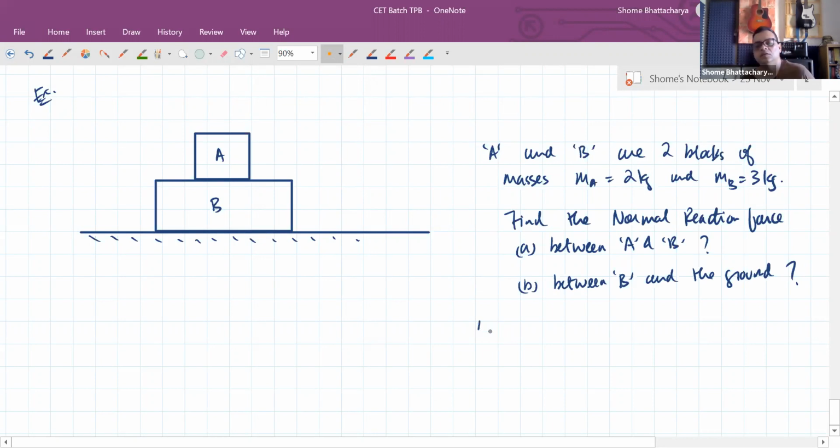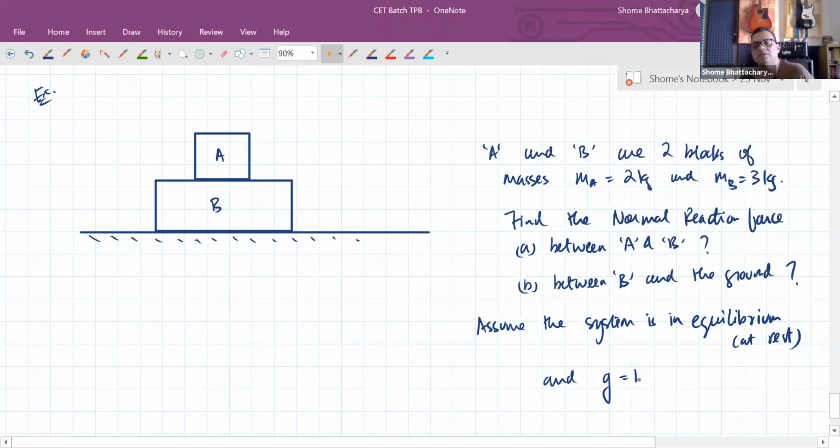Assume the system is in equilibrium. Okay. At rest, in fact, and g is equal to 10 meters per second squared. Just try this out, people. We will discuss.